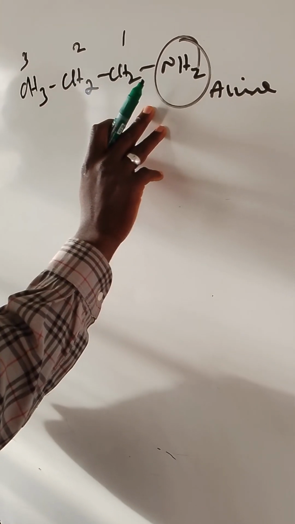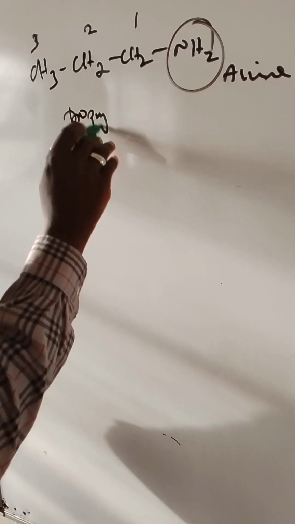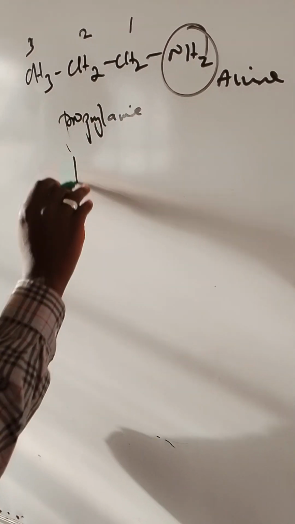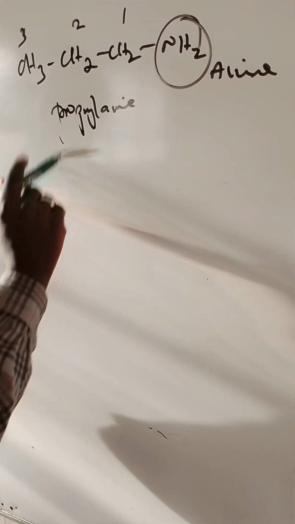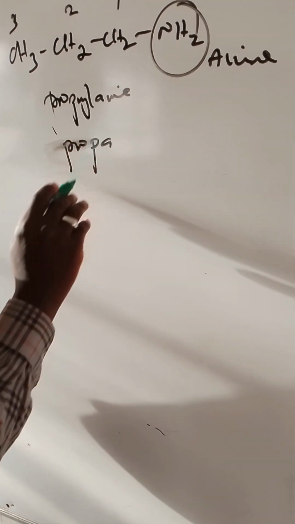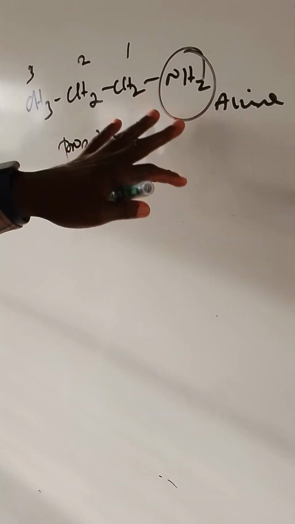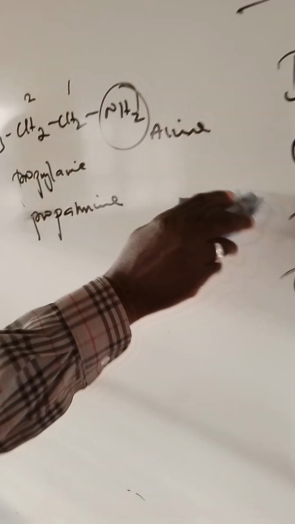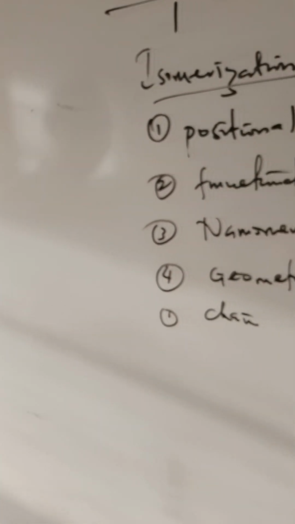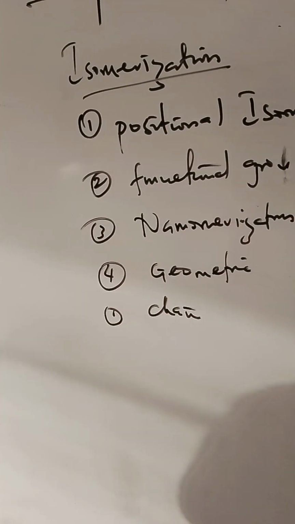This is referred to as propylamine, as the case may be. This is what is referred to as functional group isomerism.